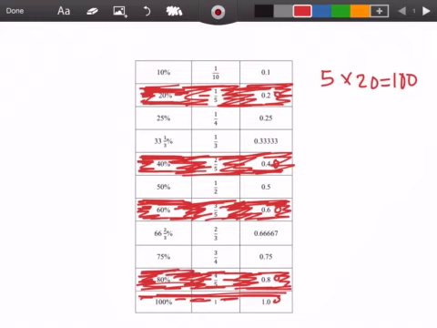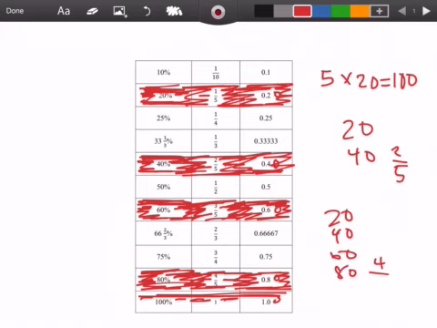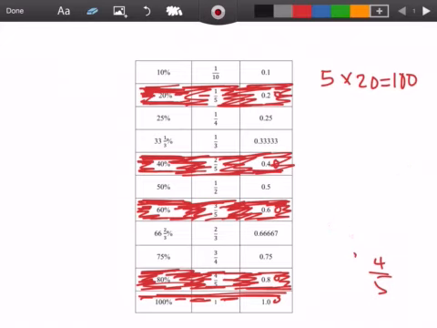If it's 40%, then you're going to start counting 20s. You're going to go 20, 40. I counted 2, so that means it's 2/5. Maybe you're counting up to 80. You're going to go 20, 40, 60, 80. That's 1, 2, 3, 4 fifths. All right, does that make sense? Hope so.